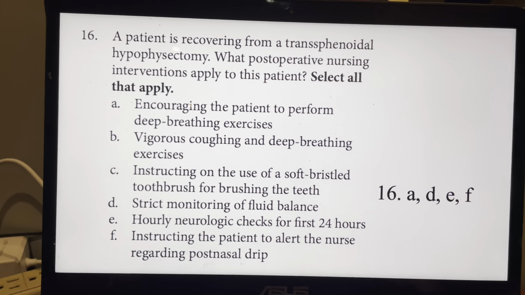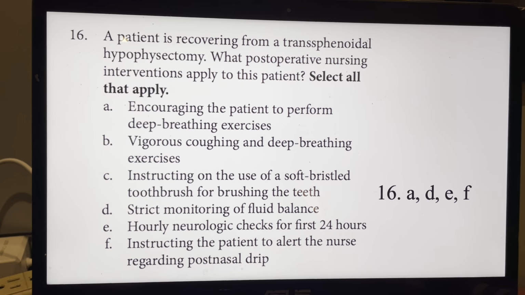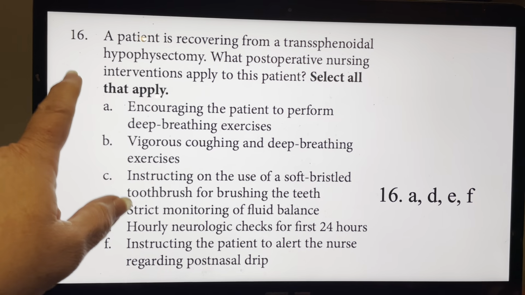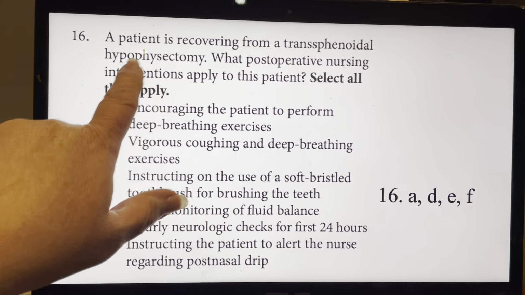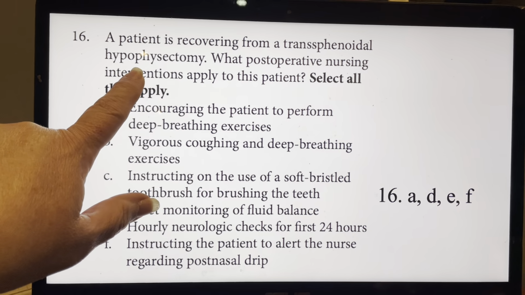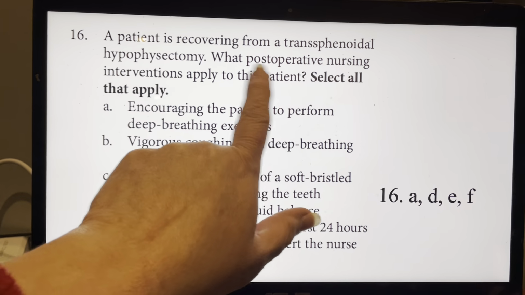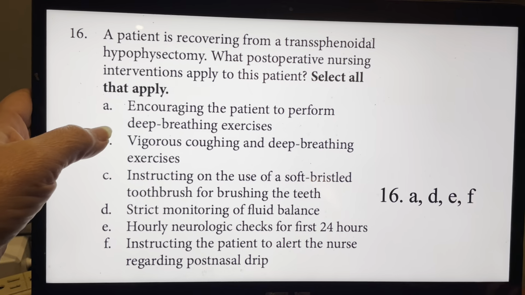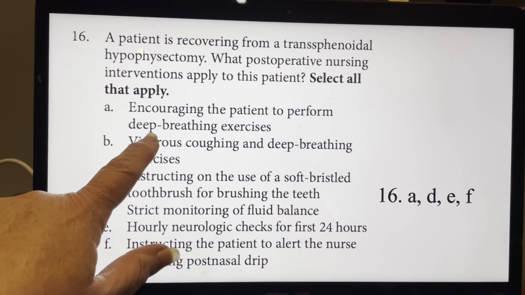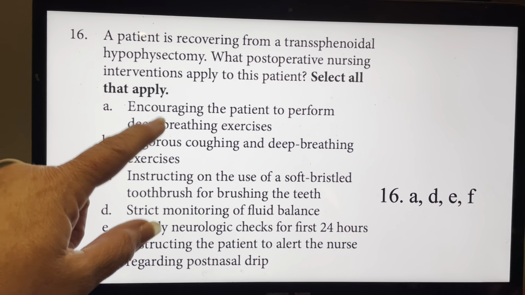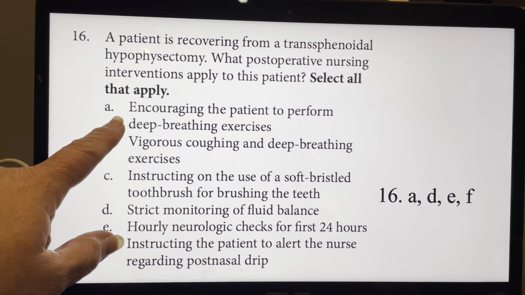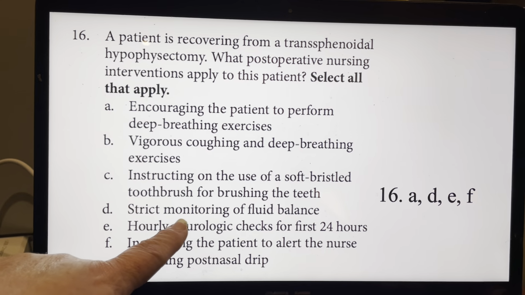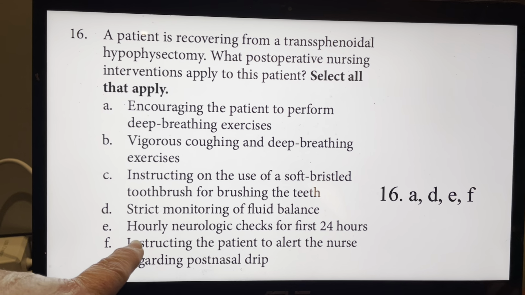Anyway, I told you the answer on this. Well, they expect you to know this. Transsphenoidal. They're going up your nose to the middle of your brain. What post-op nursing interventions apply? Encouraging the patient to perform deep breathing, because we put her to sleep. So all post-op people need to turn, cough, and deep breathe. It's the law. Strict monitoring of intake and output.